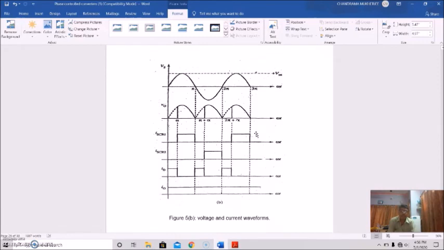So with this we can conclude our discussion on the center tap type single phase full wave converter.